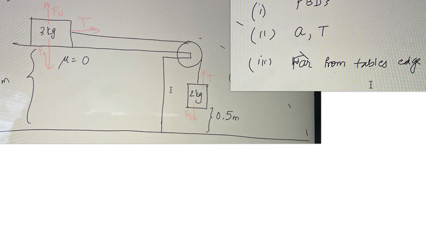This weight is different than this one, so maybe I'll label this box A. We can say this is box B, and this is FGA. This is FGB. Okay, so let's see. So that's that. I think that should satisfy the free body diagram part.